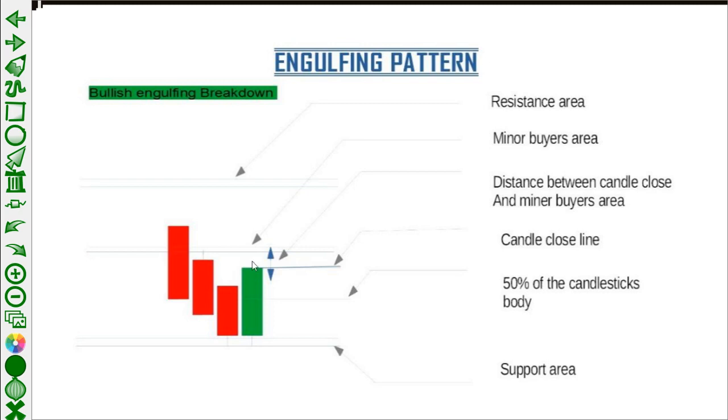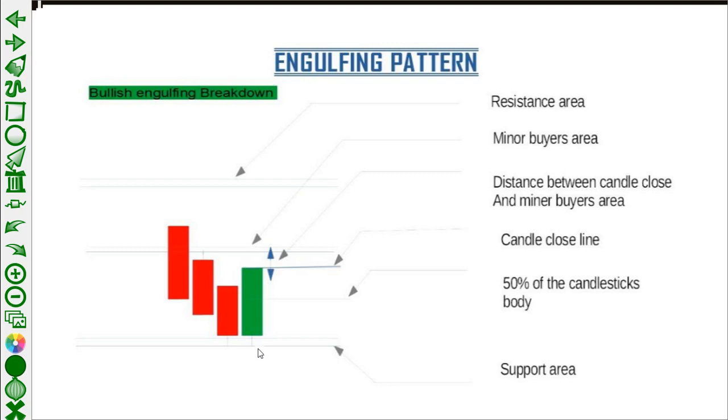There may be some little wick here, or there may not be any wick. That's fine. We call a candle with no wick at both ends a Marubozu candle.